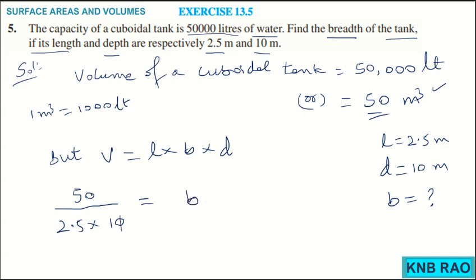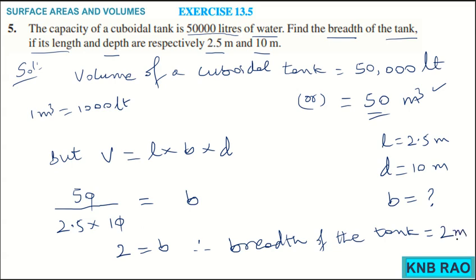So 0 0 cancels, 5 divided by 2.5 is 2, so therefore breadth of the tank is 2 meters. This is how we solve this question.